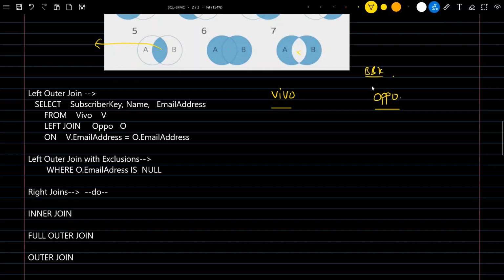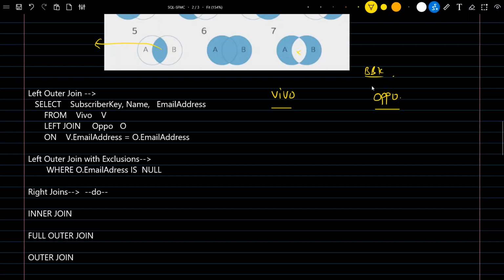Through various sources, through API or offline data, they may have the information of the customers who are interested in both Vivo and Oppo. So this is the practical scenario. Let's see how we'll be solving this using the SQL query.